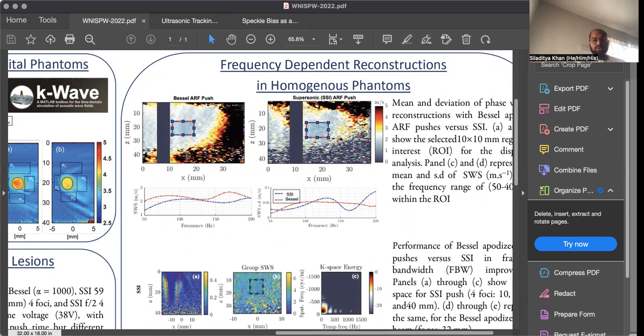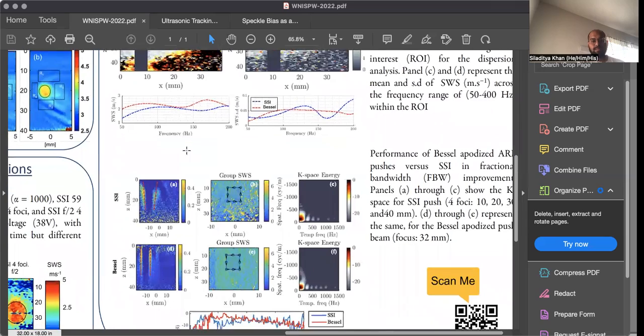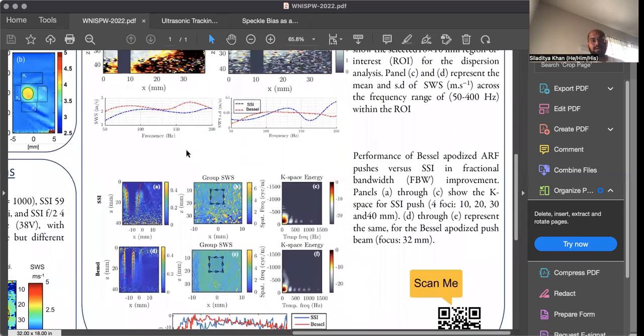In this work, we show that in an oil and gelatin phantom experiment, which is typically representative of a lossy medium in acoustic terms, we see better reconstructions of our elastogram in k-space.